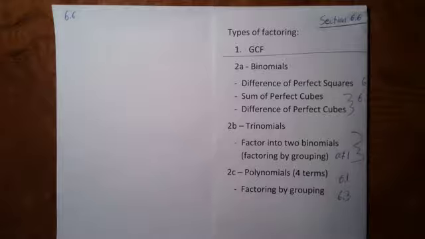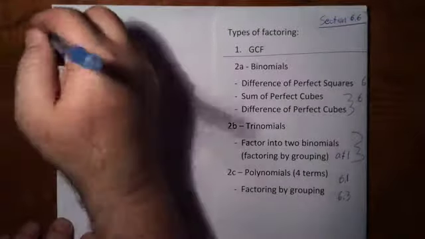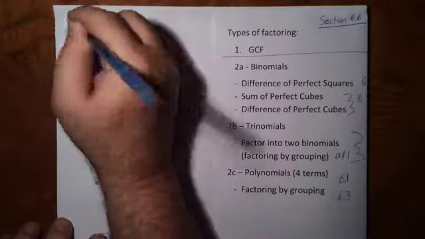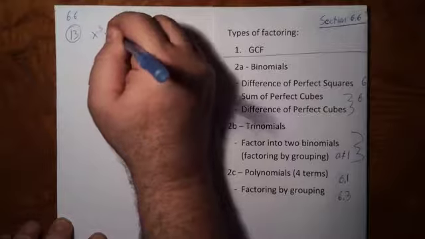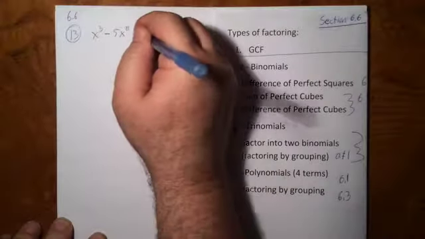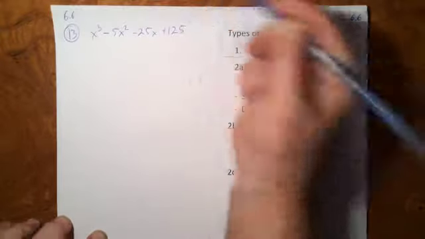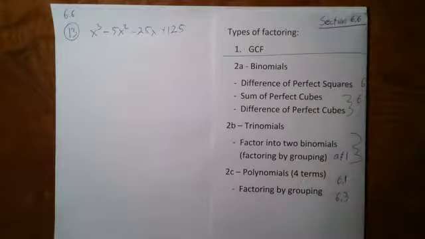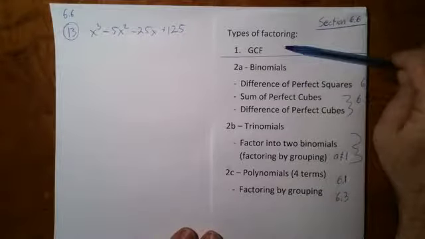So let us go ahead first and take a look at question number 13. We have x to the third minus 5x squared minus 25x plus 125. The first thing I want to do is determine, does it have a greatest common factor?